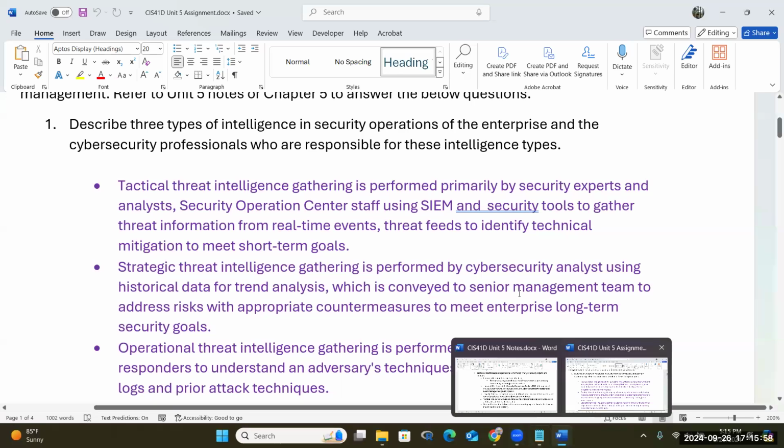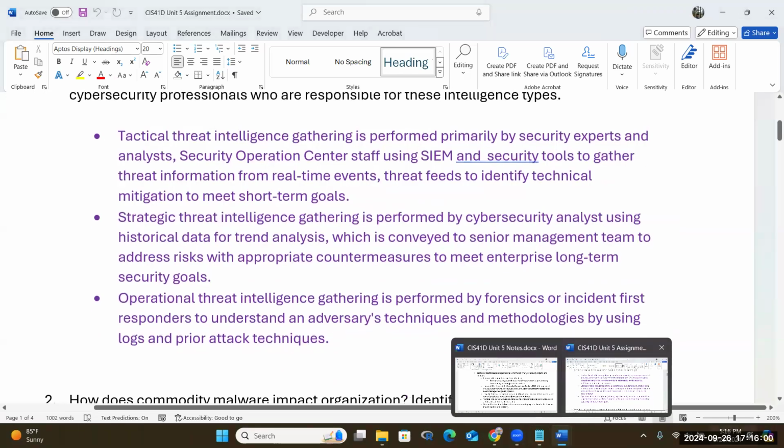And then the third category in threat intelligence is your operational threat intelligence. This is performed usually by the forensic team or incident response team. And this is a way that we can understand the attacker techniques and methodologies by looking at logs of our system and prior attacks.